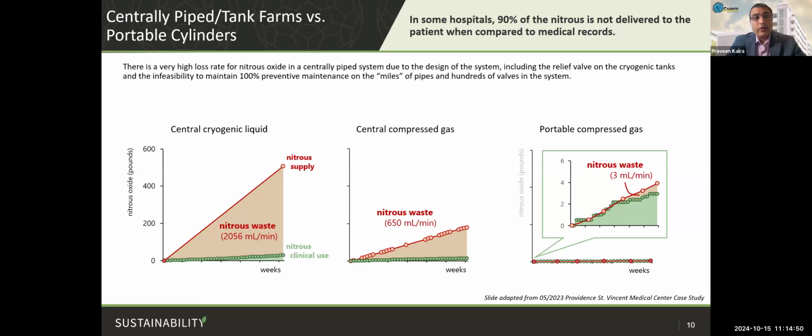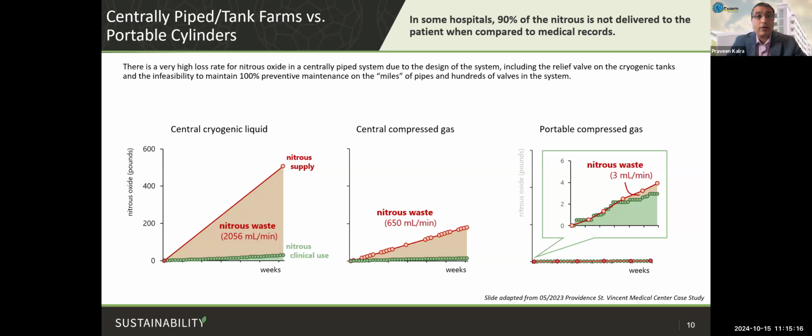The reason is that cryogenic tank systems store nitrous oxide as a compressed liquefied gas. The liquid is converted into gas, which increases the pressure within the tank system. There are safety mechanisms built into the tank system, such as relief valves, that vent out nitrous oxide whenever that pressure builds up.